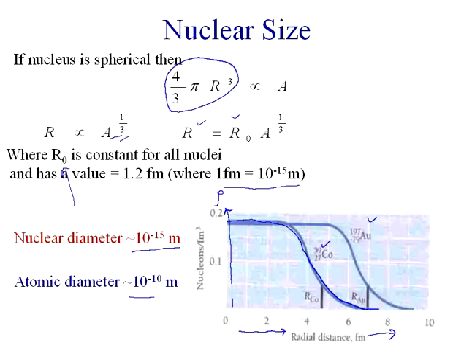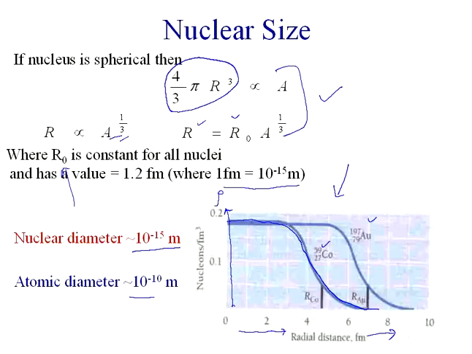Right, so if one has to determine the nuclear size, this is one of the methods, and the second method is by using this density profile. As you know, nuclear density is not uniform throughout the radius.